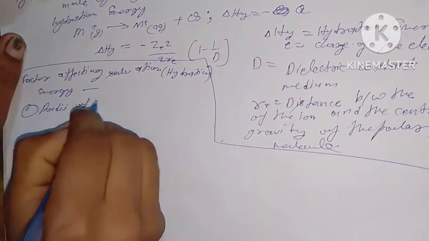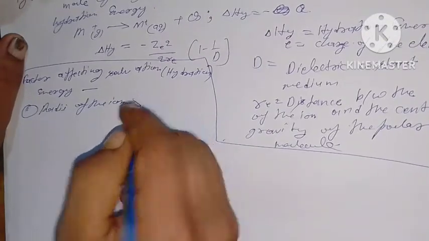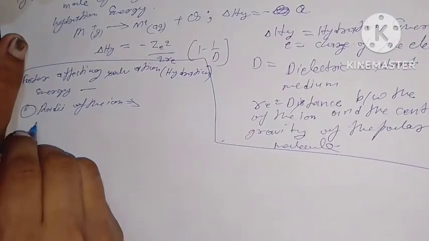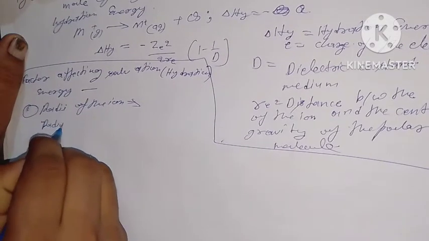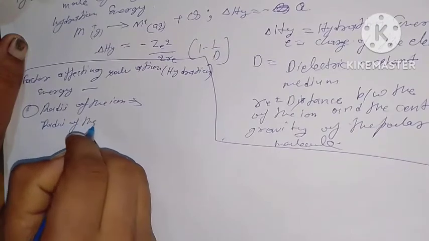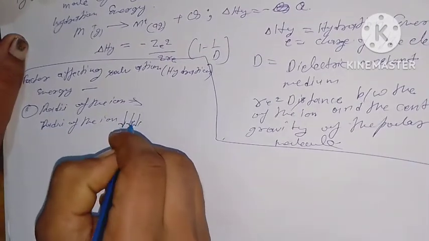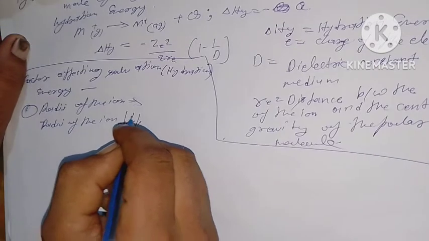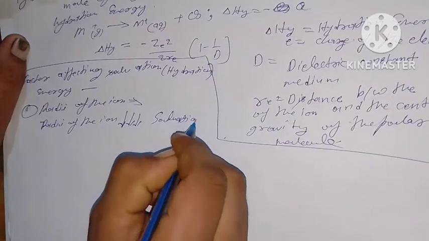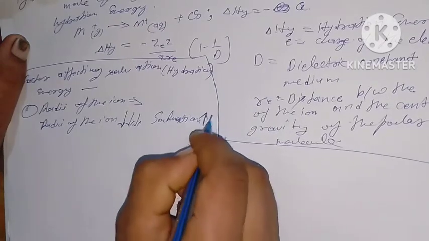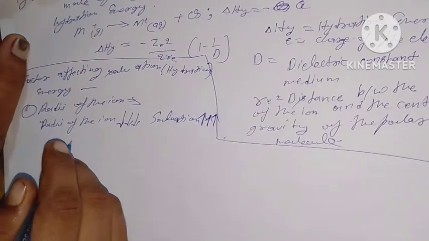Smaller the radii of the ion, greater is the solvation and hydration energy.